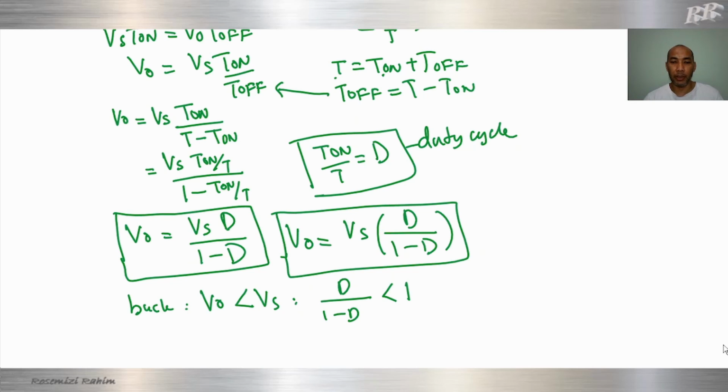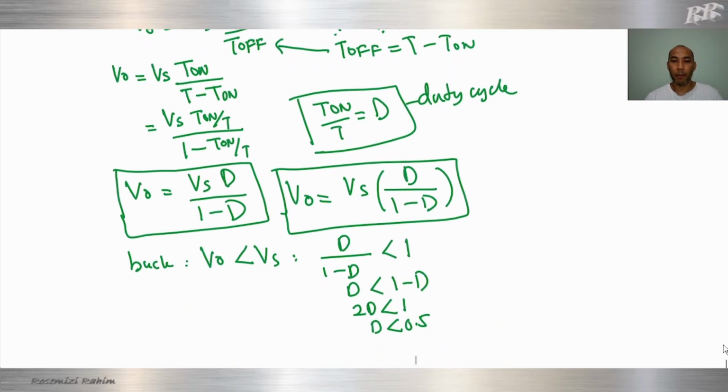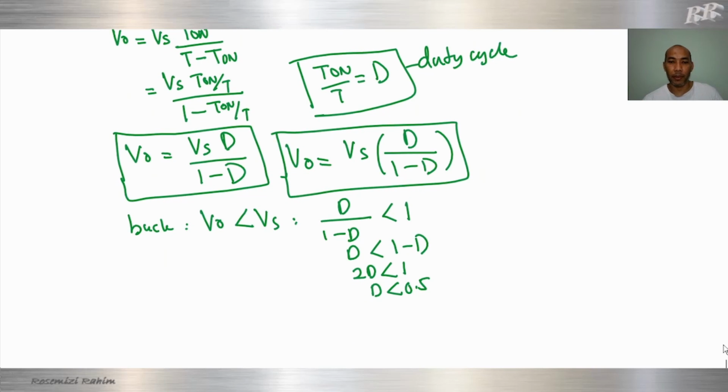When less than 1, rearrange it: D less than 1 minus D, 2D less than 1, so D less than 0.5. Okay, D is less than 0.5.